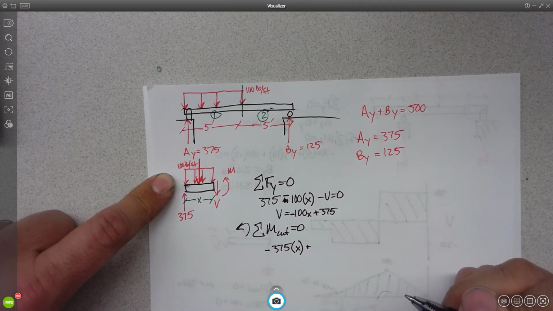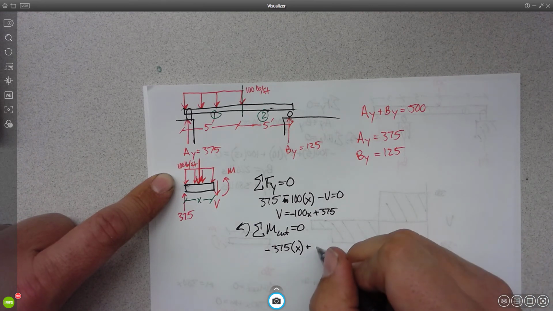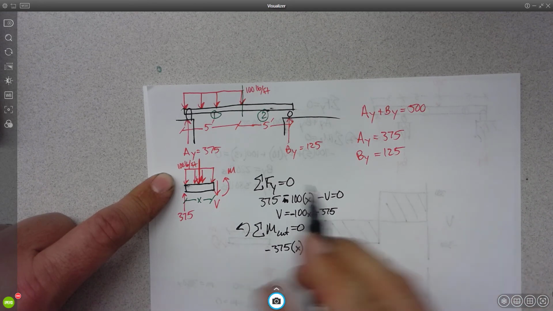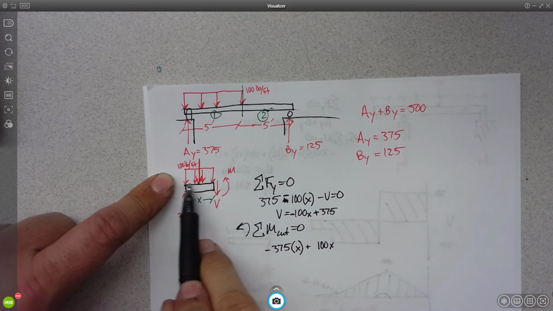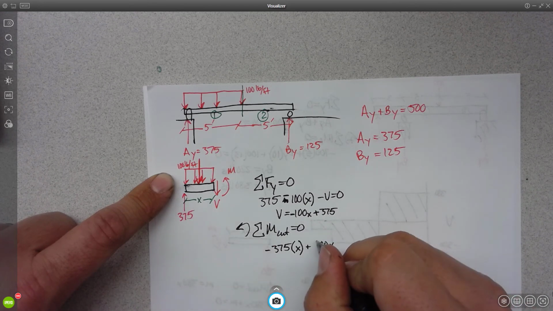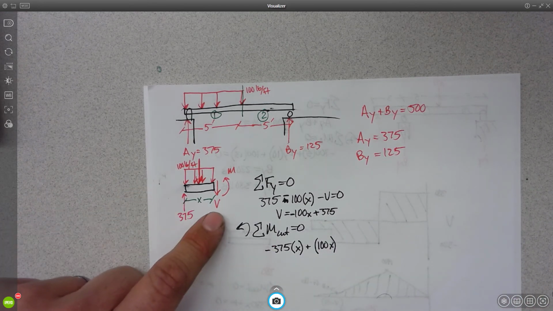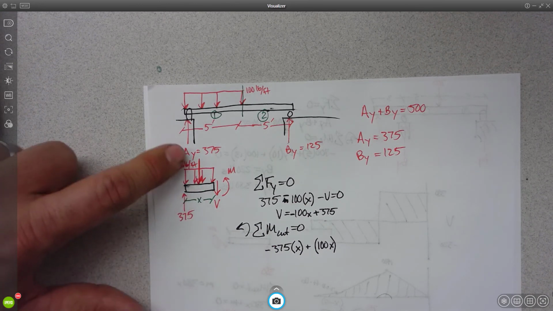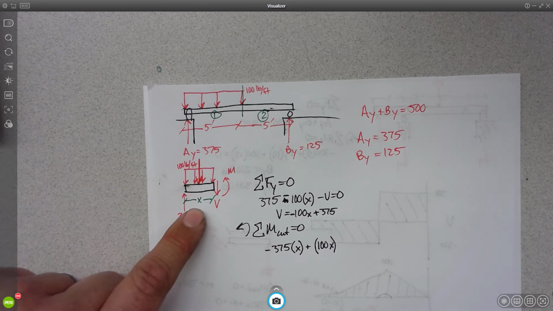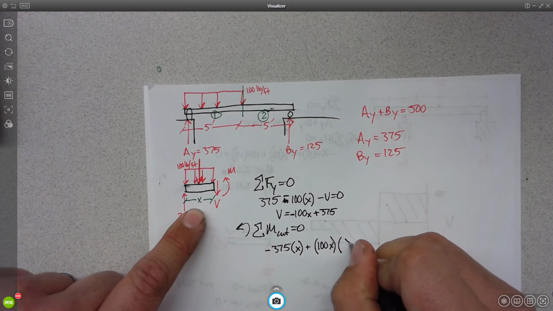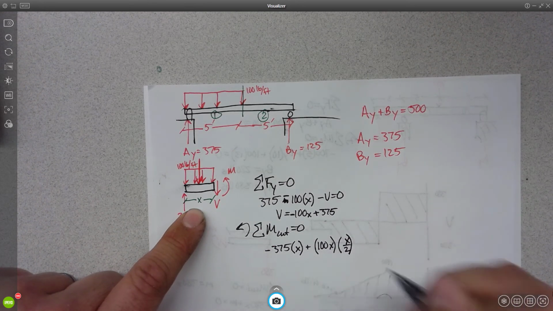So it's going to be helping us, or it's going to be in the positive twist direction. And the magnitude of the force would be the 100 times x, right? That gives me the resultant. Then I need to figure out its distance from the cut. Where would this guy be in terms of x? 1/2 x, or x over 2.